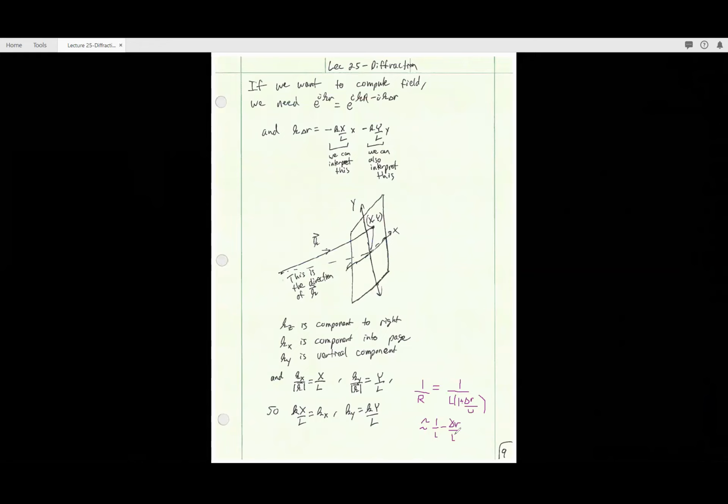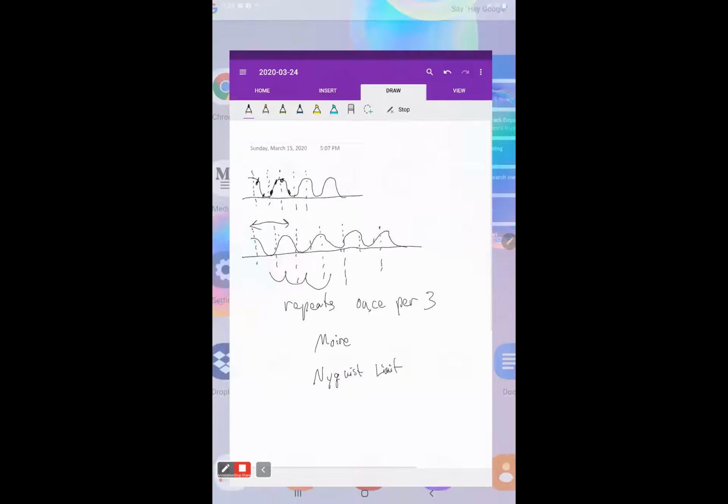I'm going to do it on my tablet. Let's share that screen. Go into OneNote.